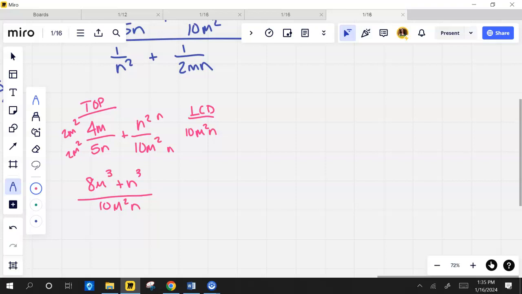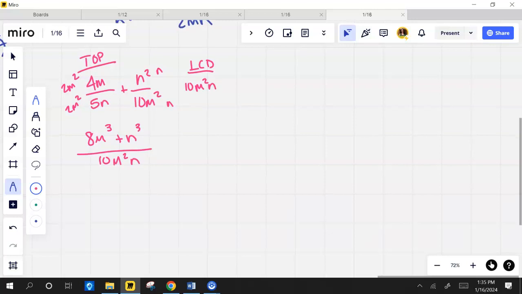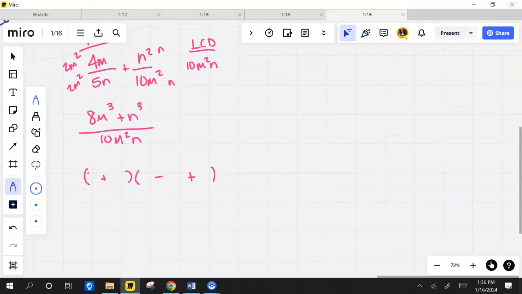We see a sum of 2 cubes. Do y'all see that? Because 8's a perfect cube, m cubed is a perfect cube, n is a perfect cube. So in order to make sure this is fully factored before I go on, I'm going to factor that cubic. So I'm going to do little parenthesis, big parenthesis. That's right. Same change plus. What goes in the first set of parentheses? 2m, that's right, because it's what times itself 3 times gives you this.